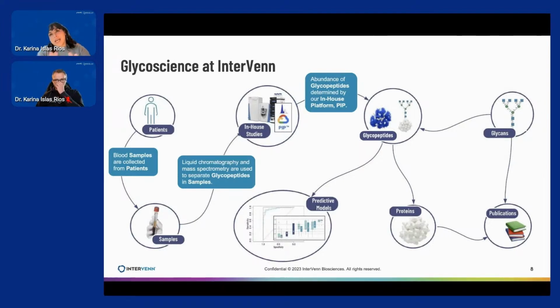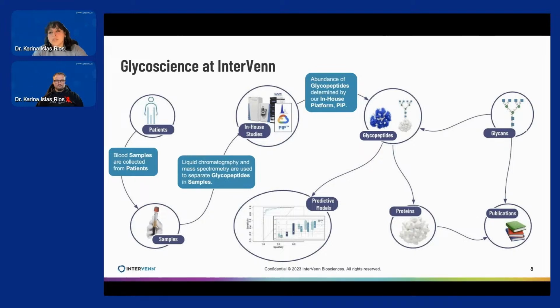Once we have this information about the glycopeptides in each sample of each person enrolled in the study, we are able to create models. We could build classifiers to do diagnostics for a particular disease.